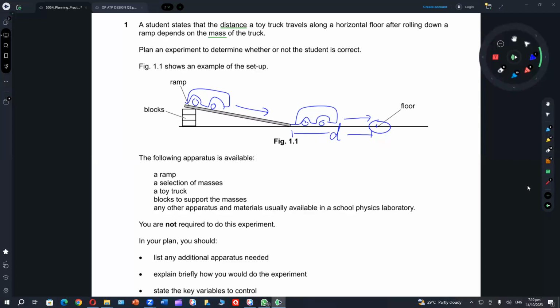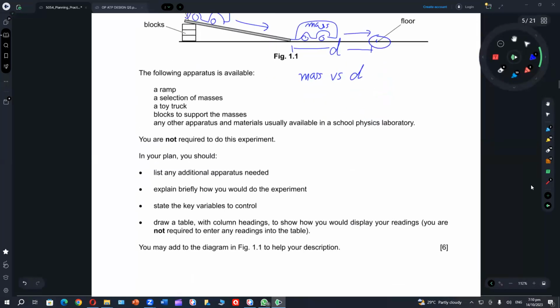This is the mass of the toy truck. The student wants to analyze the relation between mass and D. You're not required to do this experiment.